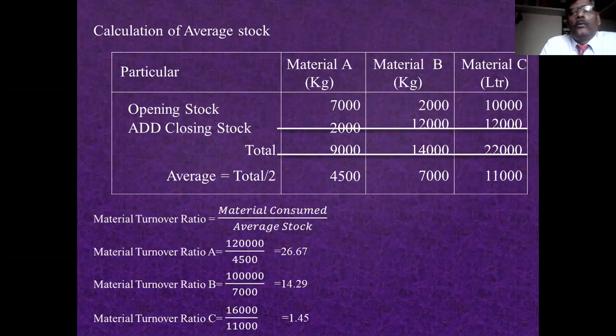But 1.45 times you have to fill the C material, nearly 2 times. It takes a long time. 27 times you have to fill the A material, 15 times B material, only 2 times in a year for C. Okay, this is the material turnover ratio.